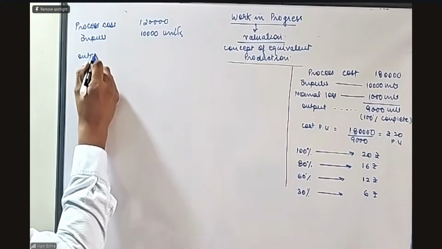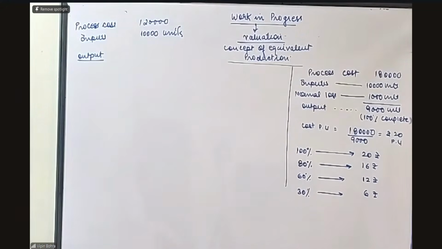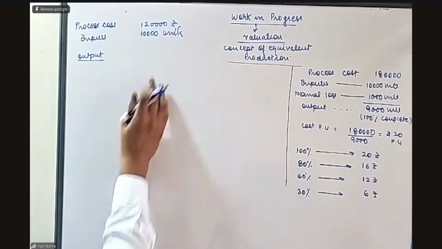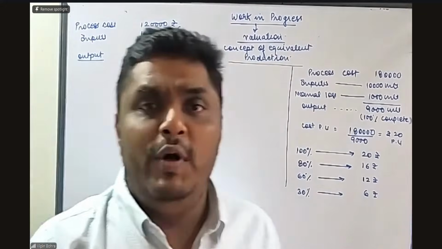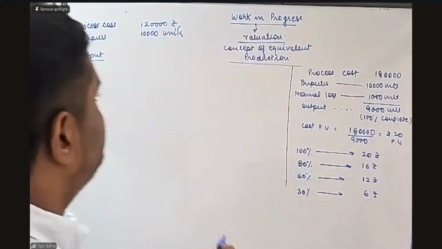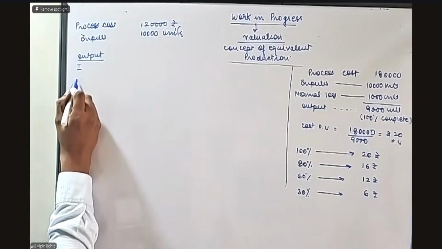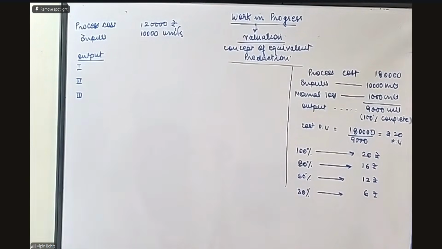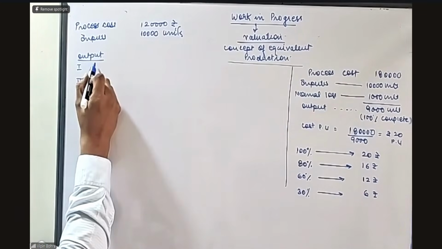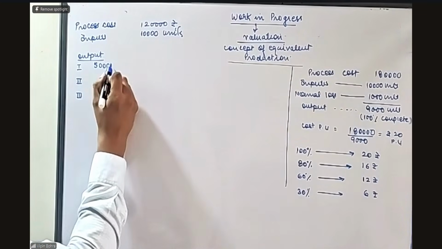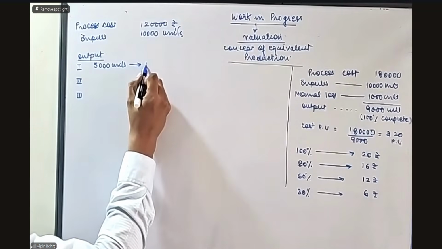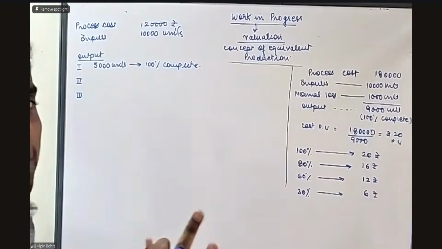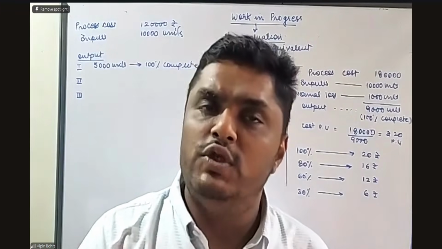Now, when talking about the output, we got three categories of output. First, second, third. Assuming there is no normal loss, we got the three categories of output. So first category, we got 5,000 units that were 100% complete. There was no normal loss.